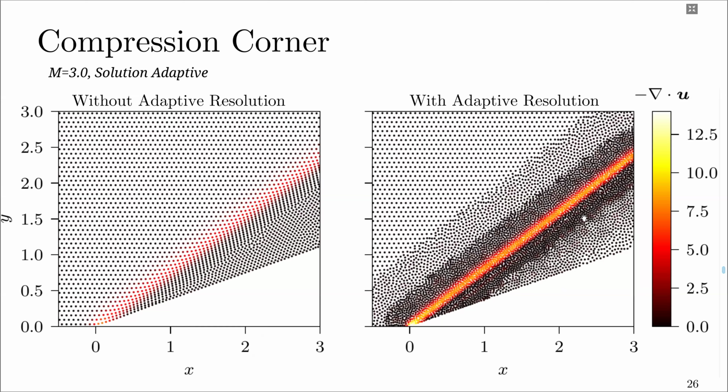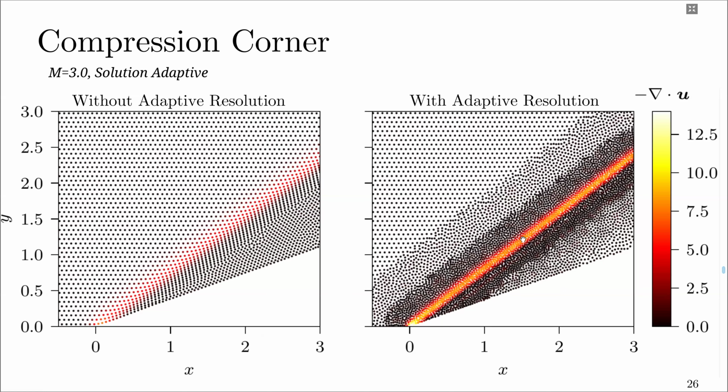So we refine particles in the vicinity of a shock. You can see the particles get refined over here, again refined over here, and then this is the shock. I'm plotting negative divergence of velocity, and you can see the actual negative divergence of velocity is higher for the adaptive resolution case.